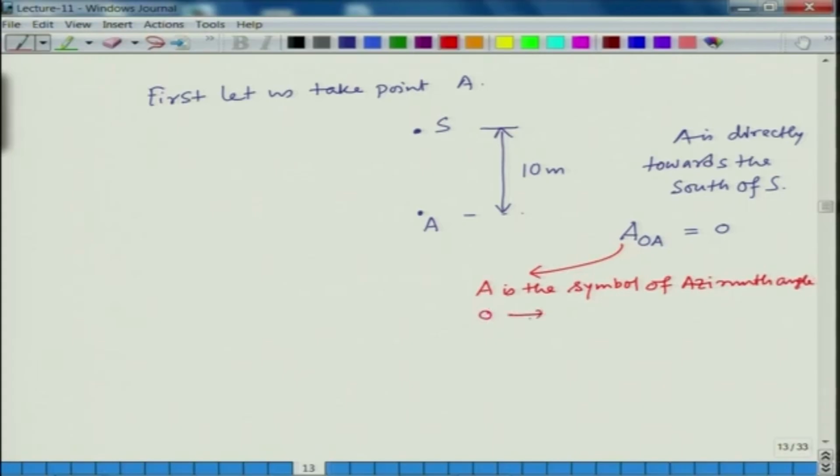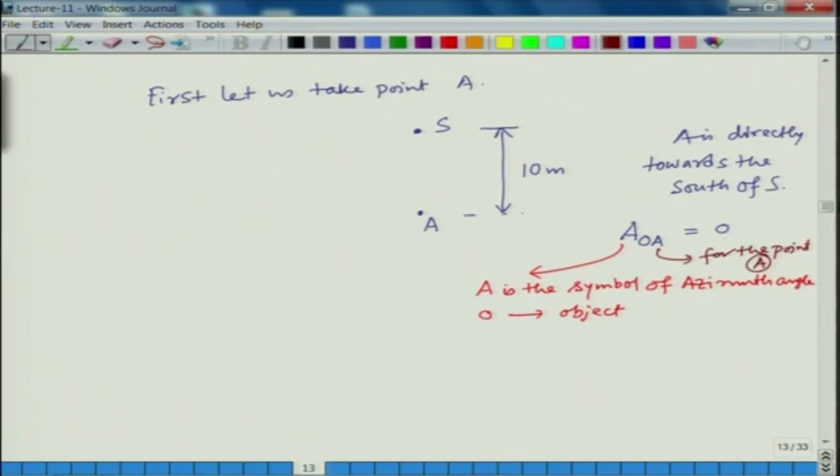This O stands for object, okay, and the other A is for the point A. For point B, we will have AOB. Okay. So, this azimuth angle we obtain very easily because it is directly towards the south.